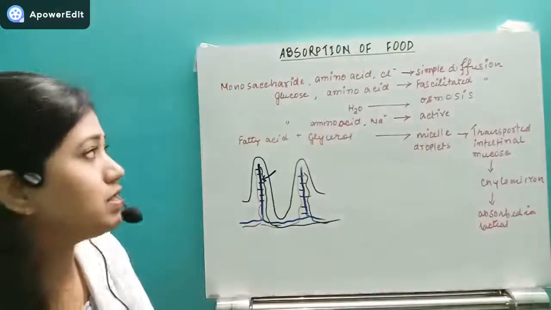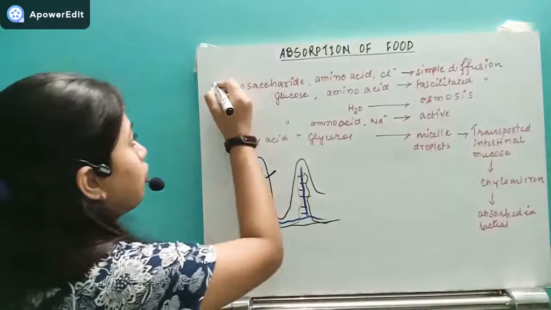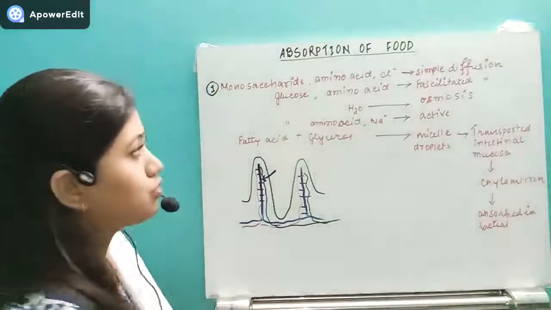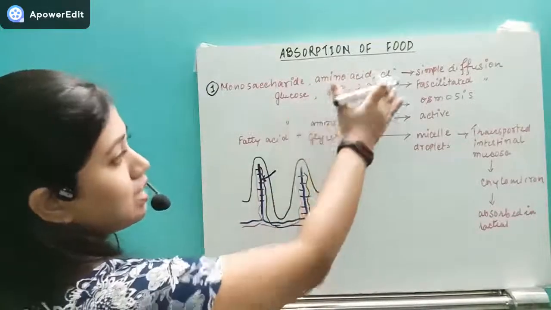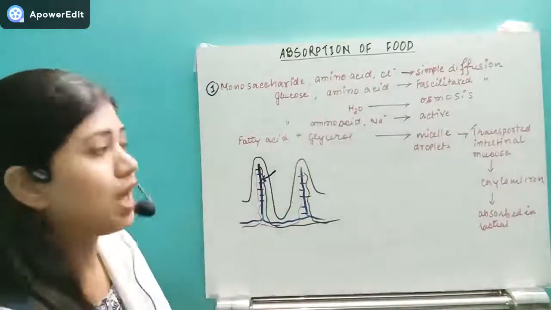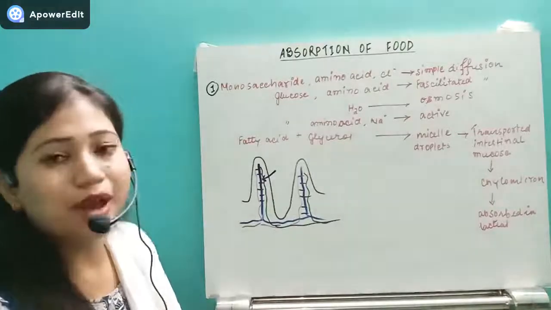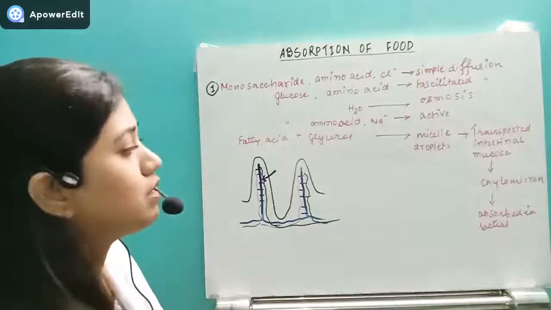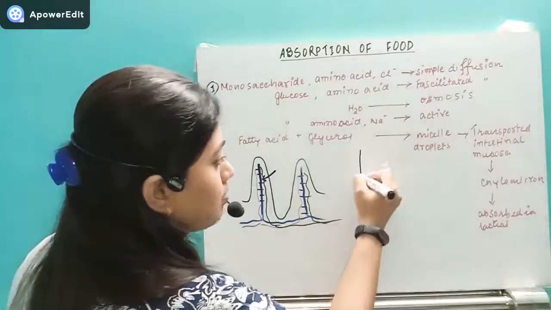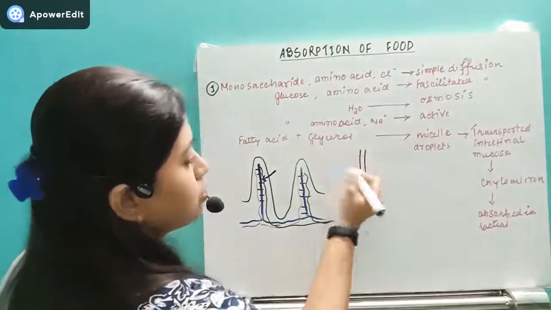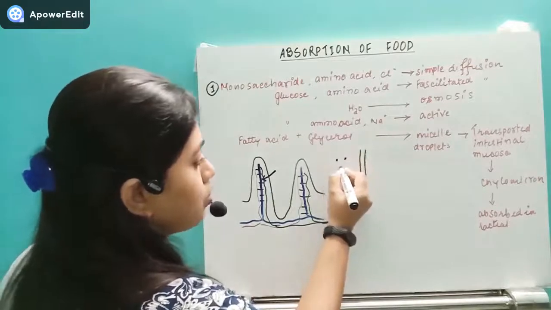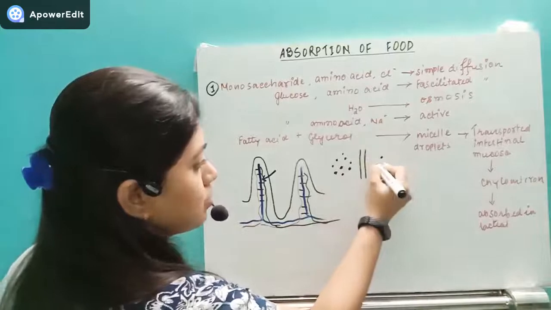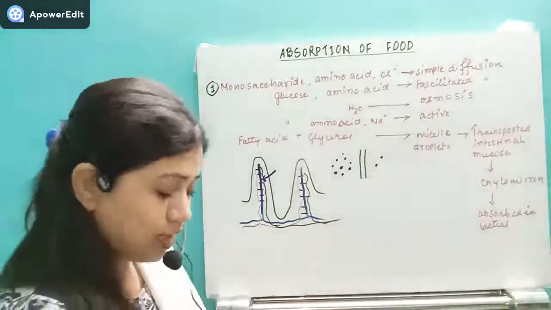First of all, the food molecules, that are the monosaccharides, that include glucose, fructose, galactose, then the amino acids and the ions, that are the chloride ions, will be diffused by the process of simple diffusion. So just see what simple diffusion is. Suppose this is the membrane. Here we have a high concentration of the molecules, and here we have a lower concentration.